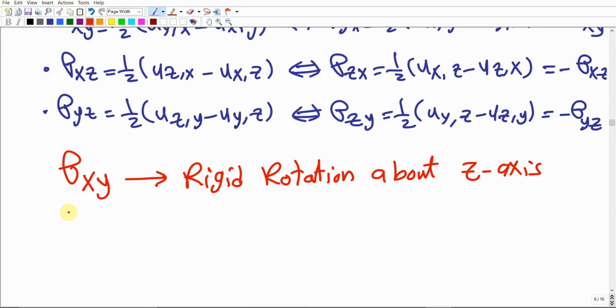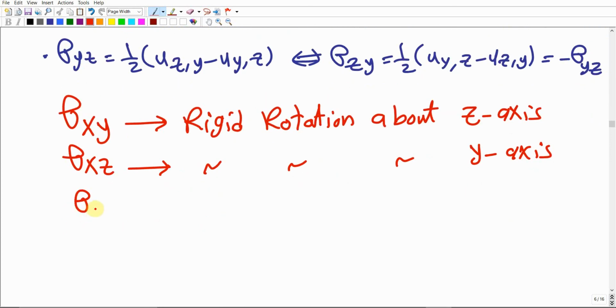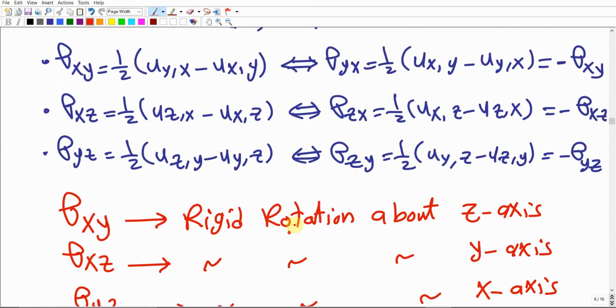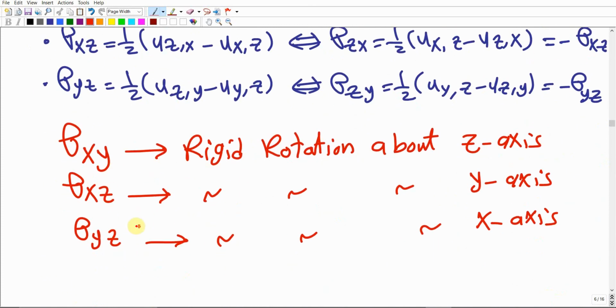If we say theta xz, it's going to be rigid rotation about the y-axis, the missing axis, and so on. For example, theta yz is related to the rigid rotation about the x-axis. Make sense? These components, whether theta xy or theta yx, both represent rigid rotations about an axis.